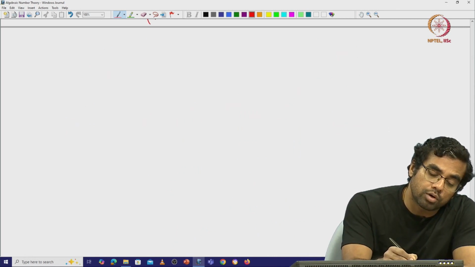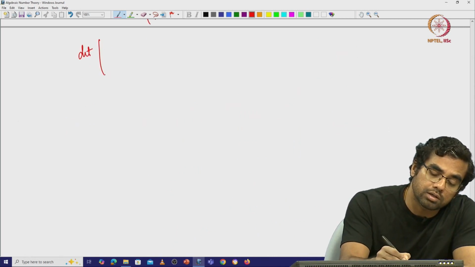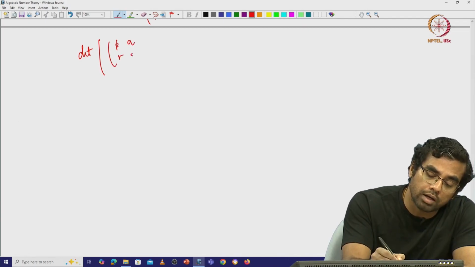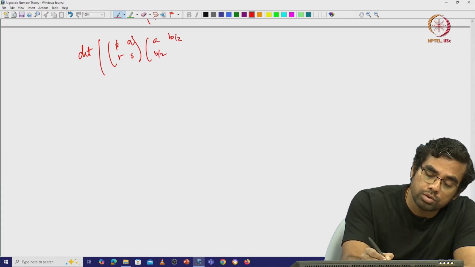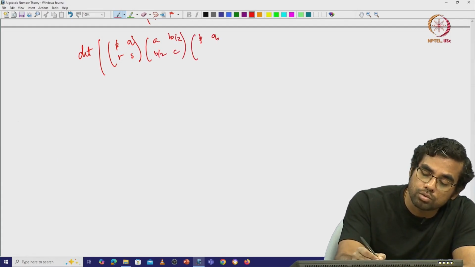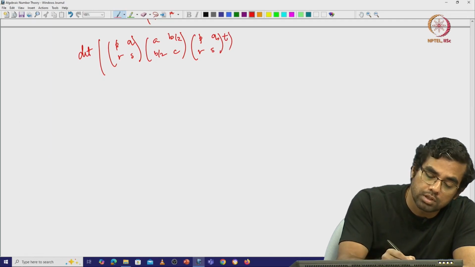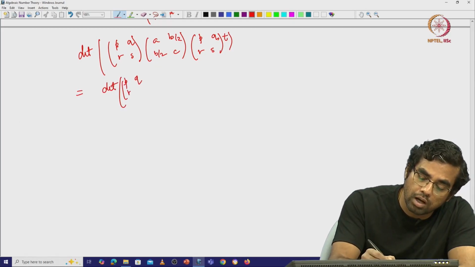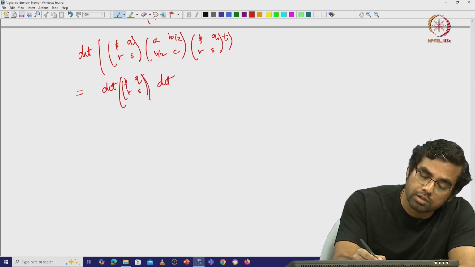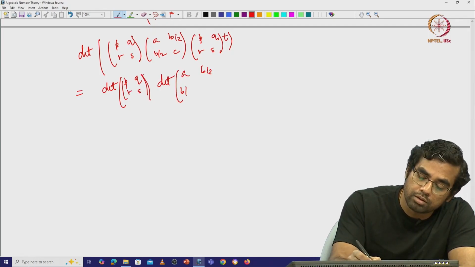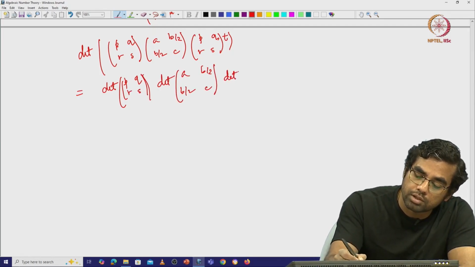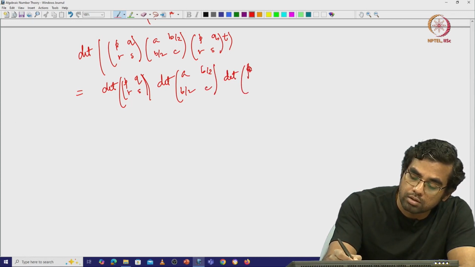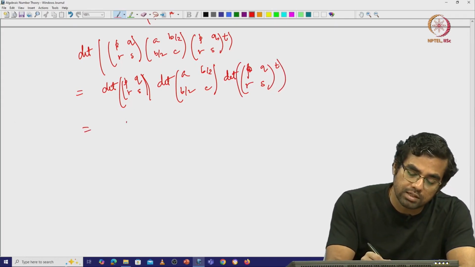Furthermore, we know that the determinant of [p q; r s] times [a b/2; b/2 c] times [p q; r s] transpose is equal to the product of the individual determinants, but the first and the last determinant is 1.